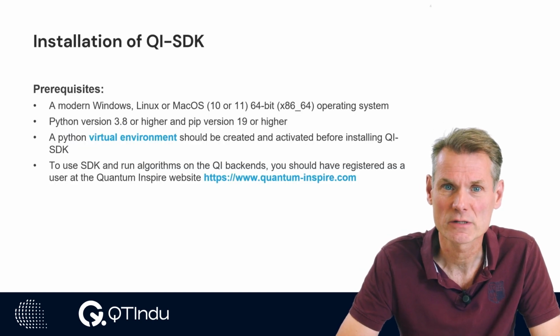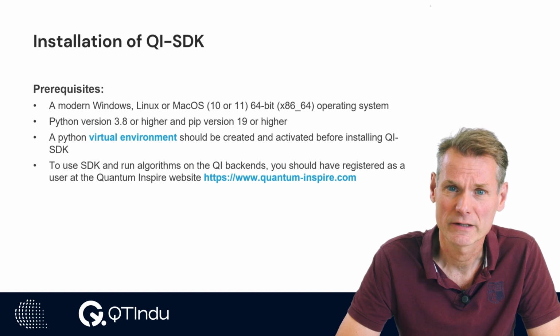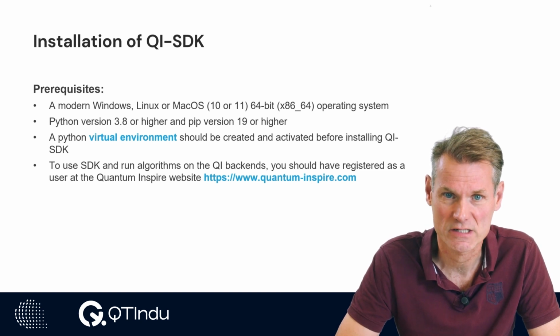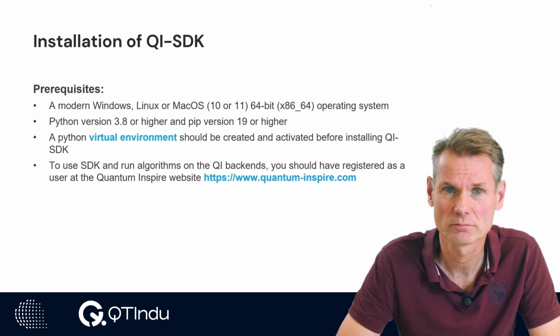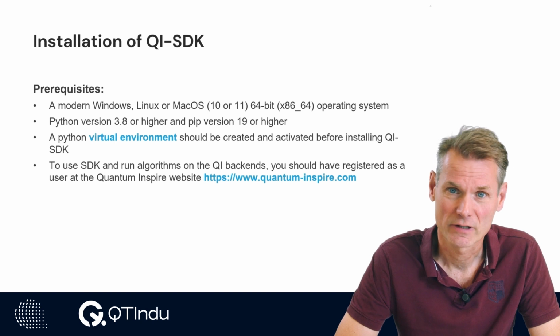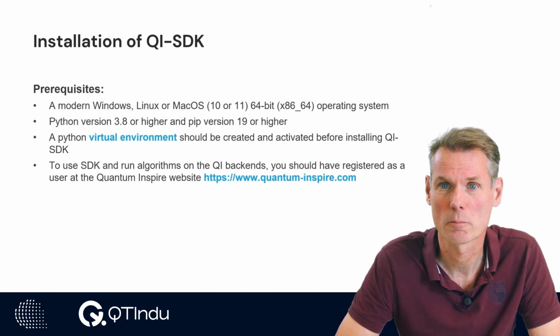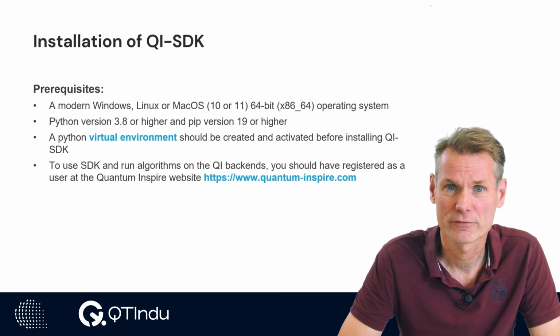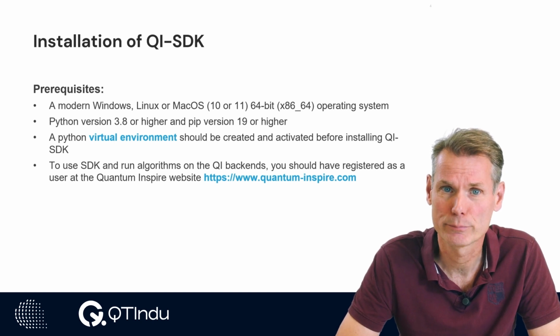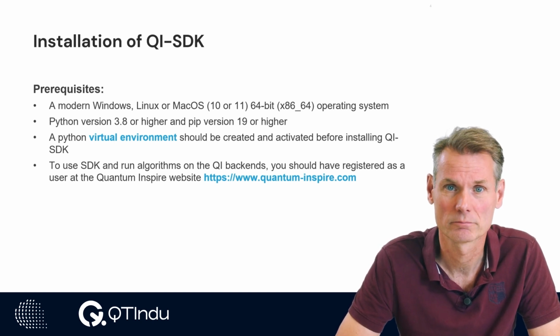There are some requirements for installing and using QI SDK. A modern Windows, Linux or Mac OS 64-bit operating system. If you have Windows 10 or 11, you can also use a Linux box on WSL. Python version 3.8 or higher and pip version 19 or higher.